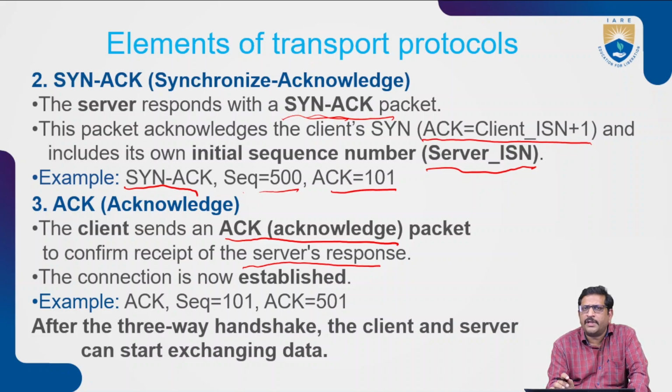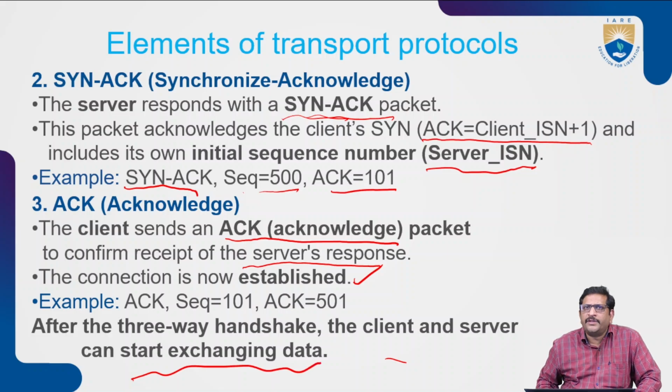Once the acknowledgement is sent to the server, the connection is established and data exchange starts between the client and server. After this three-way handshake mechanism, the client and server can start exchanging data. So this is the three-way handshake.